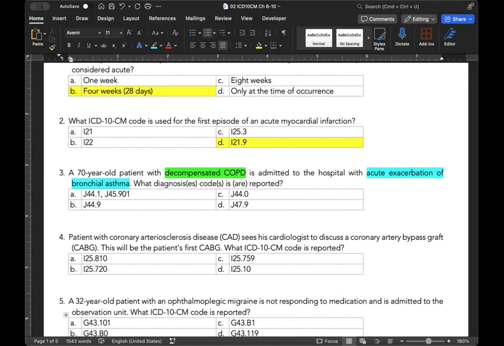Yep. So for this one, we can look at asthma. We'll go to the main term asthma. Underneath asthma, we want to go to with COPD, or chronic obstructive pulmonary disease.